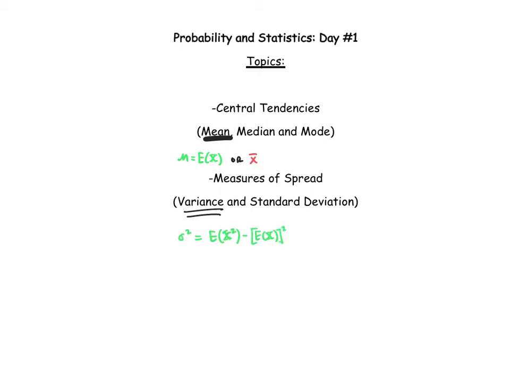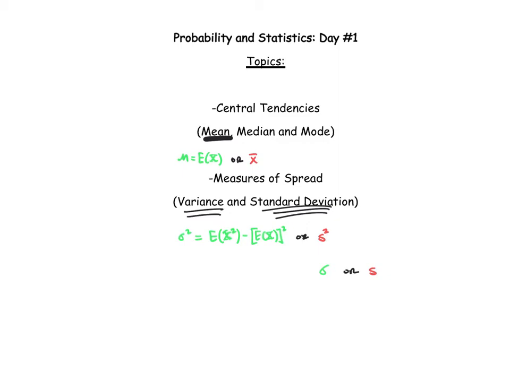Okay, the derivation of that will be coming. Or we could refer to that, again, related to the x bar above as s squared, depending on the scenario. Finally, the standard deviation is simply the square root of sigma squared. So it'll just be sigma or s, depending again on the data set.